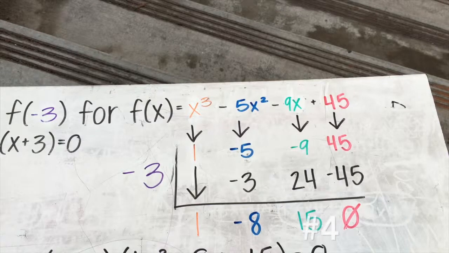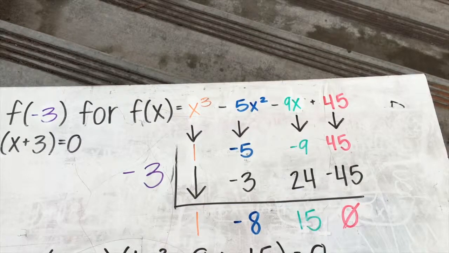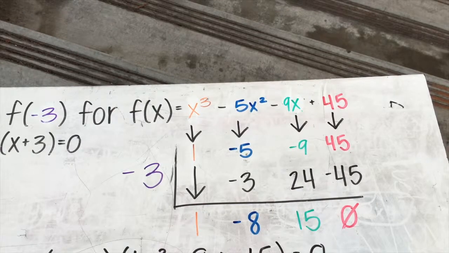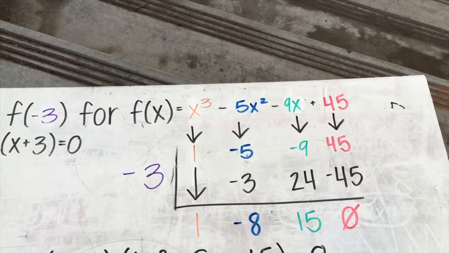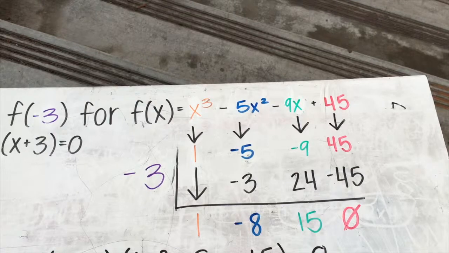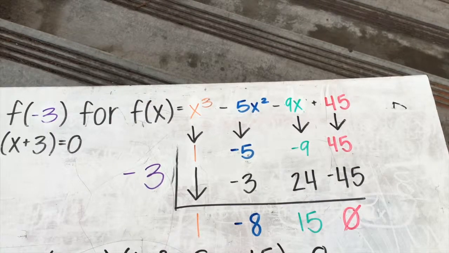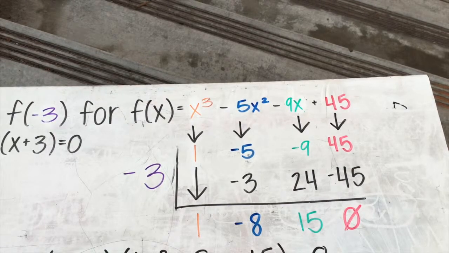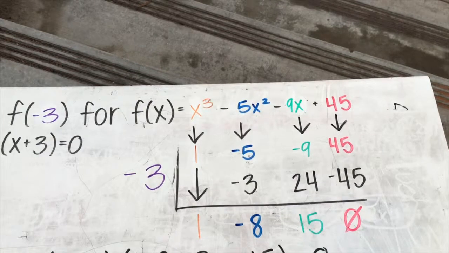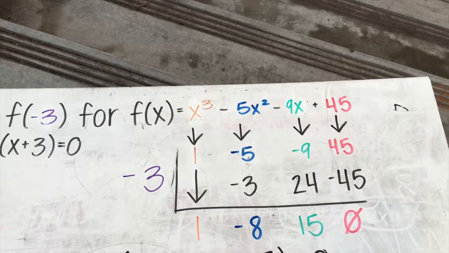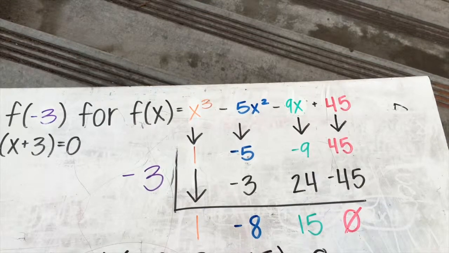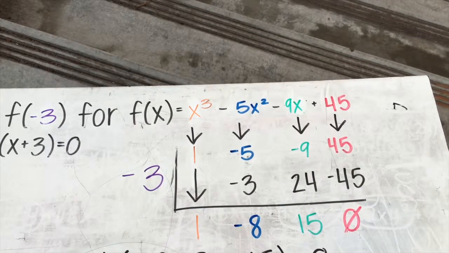In this equation, you will be doing synthetic division, which is you make a box underneath the equation and you put the negative 3 next to the box. You drop down all the numbers in the equation. The 1 automatically drops down, and then you multiply the negative 3 and the 1. You put it under the 5.